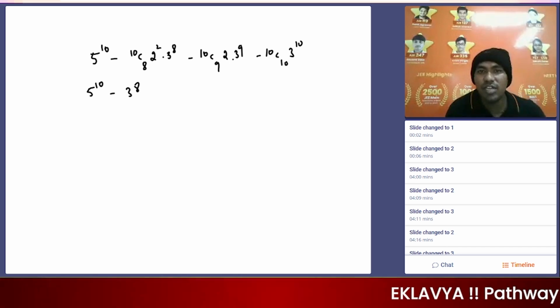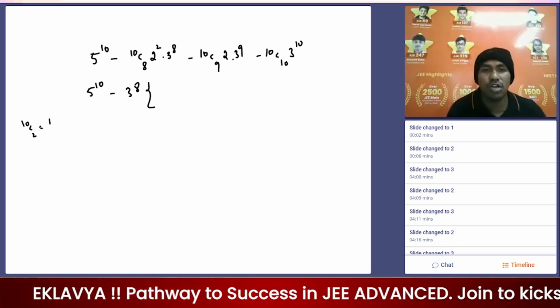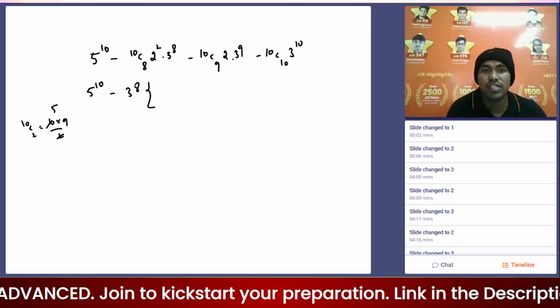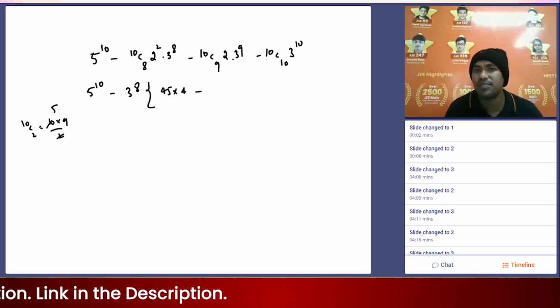The minimum power here is 3^8. If I take 3^8 common, 10C2 only you will get, right? 10C2 value will be 10 into 9 by 2. So 5 9s are 45. So 45 into 4 you will get, right?